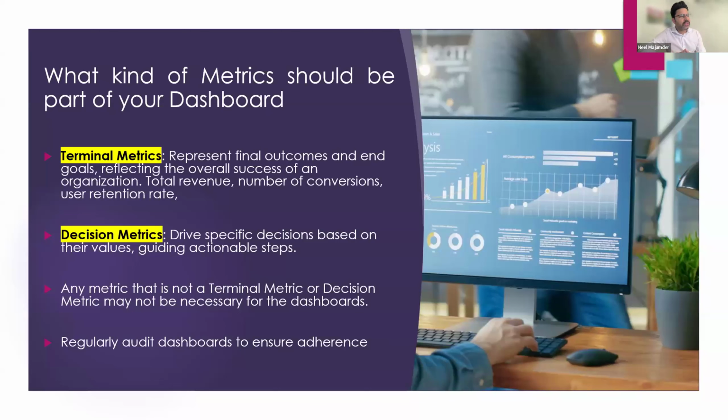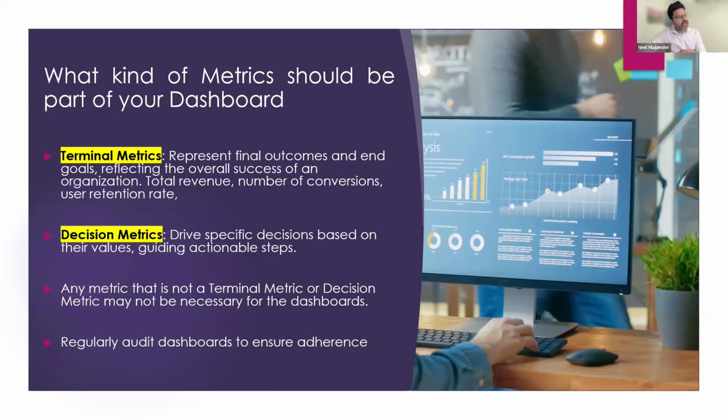The way we look at things is we generally put two kinds of metrics on the dashboard. The terminal metrics represent the outcome. For example, how many users have accessed the website, what is the user acquisition trend.